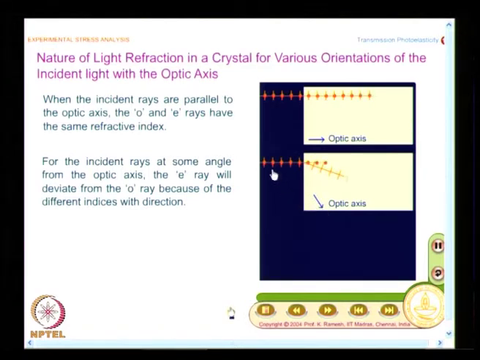And what I have here, I have an incident ray and I have two refracted beams, and the animation is also very carefully shown. What does this show? One ray travels faster than the other, and you find this is polarized, this is also polarized, and the planes of polarization are mutually perpendicular.